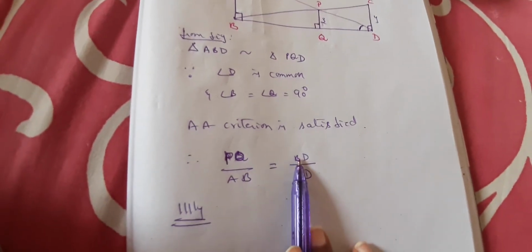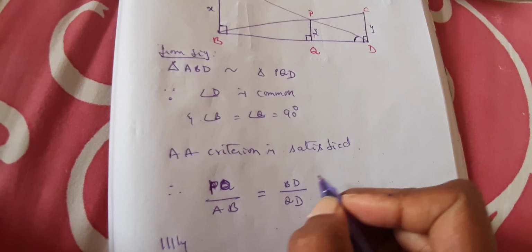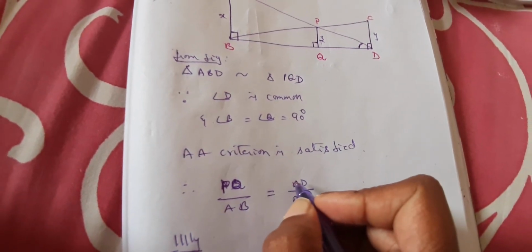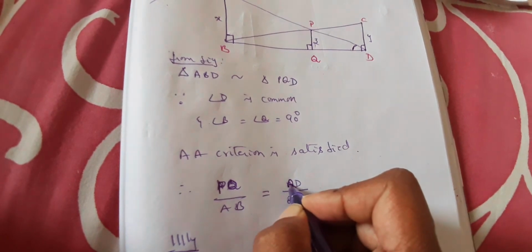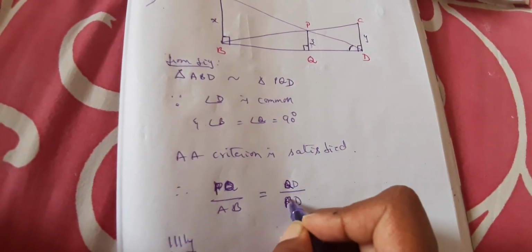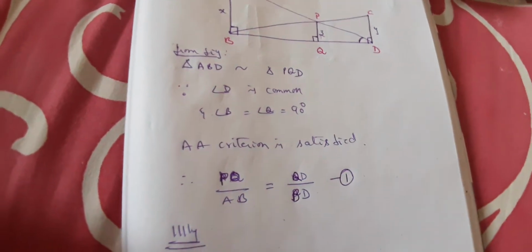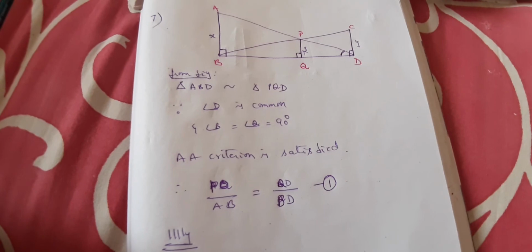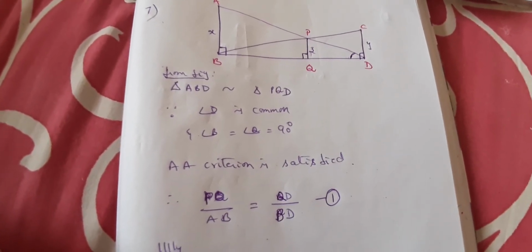Correspondingly, PQ is in the numerator, so I am supposed to take the corresponding base QD, and this is BD. Let it be equation 1. Okay children, so PQ by AB is equal to QD by BD. Equation 1. Please take a screenshot of this.